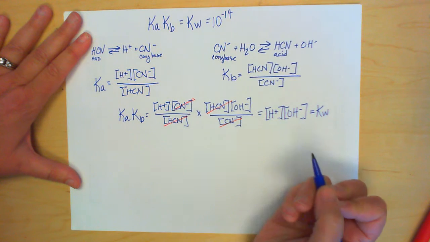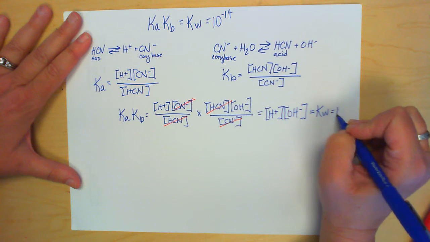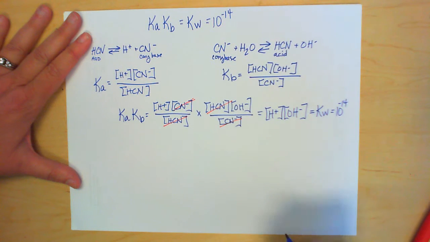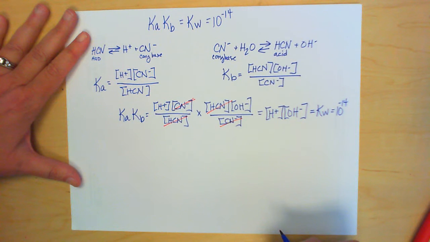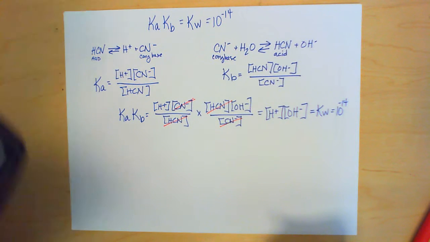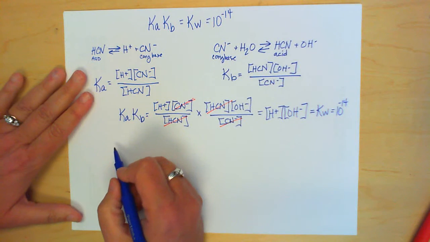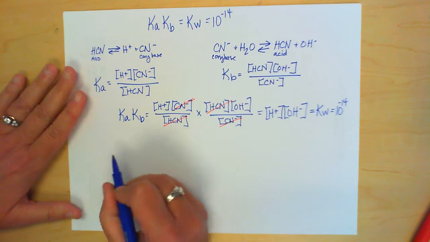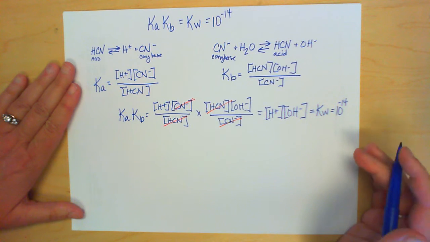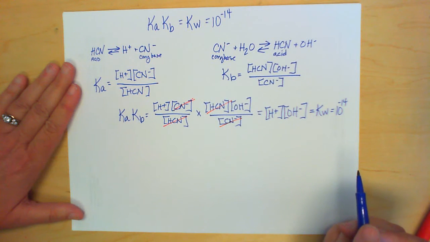And Kw, remember, is 10 to the minus 14th. Therefore, if we have a Ka value, we would just plug it in and solve it through to find the appropriate Kb.